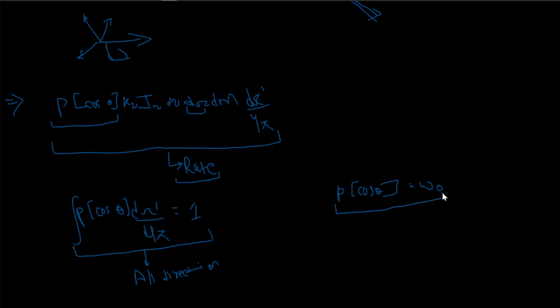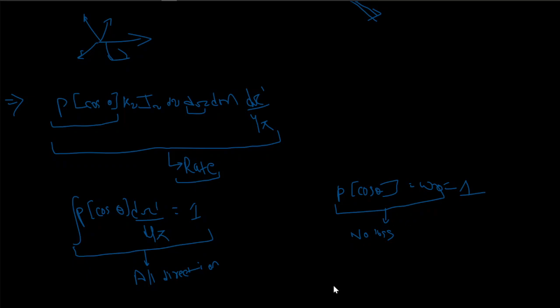If there is pure scattering, there is no loss of energy. So when there is no loss of energy, omega naught equals 1. This signifies that there is no loss of energy when the radiation is scattered. But yes, this can be less than 1.